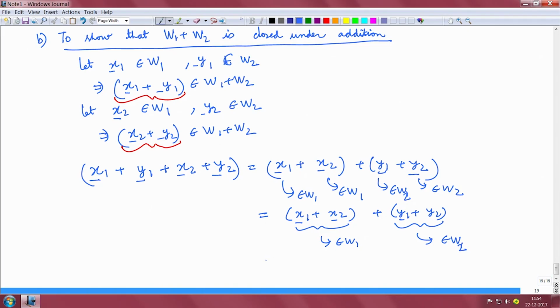Therefore, the sum of the complete thing belongs to W1 plus W2. So, we have shown that W1 plus W2 is closed under addition.